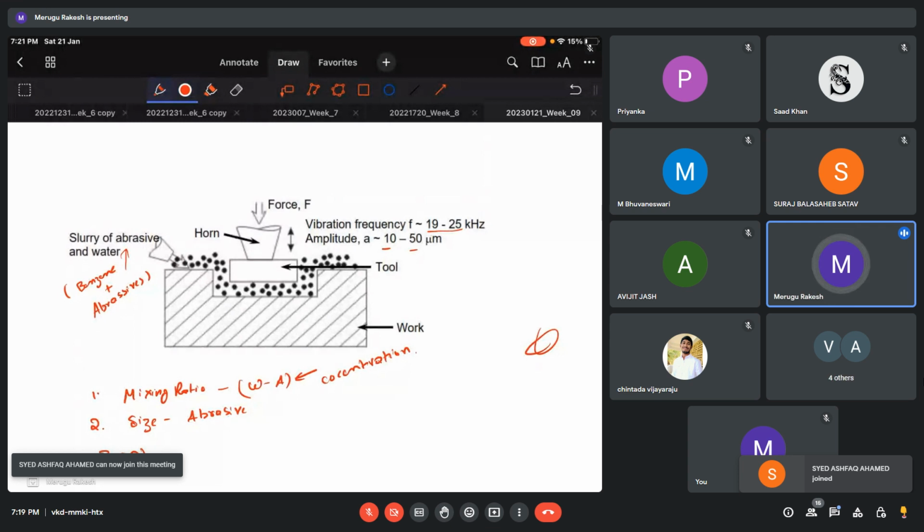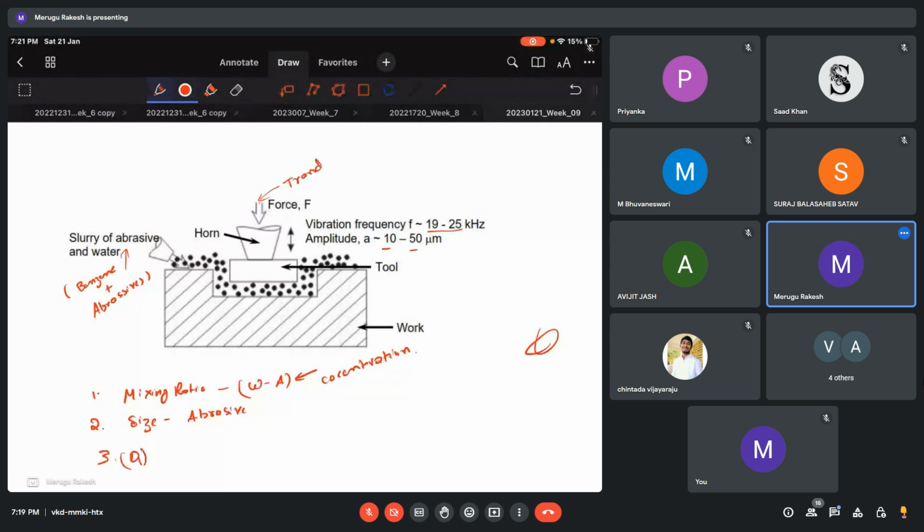The basic principle is this: this is the horn, or the concentrator as we call it, and the ultrasonic frequency is generated from some transducer. This transducer can be piezoelectric or magnetostrictive.